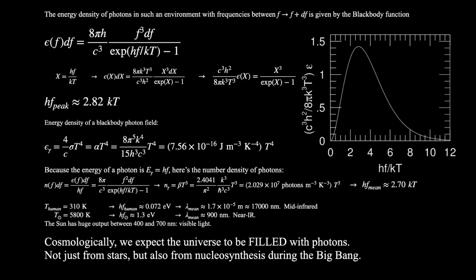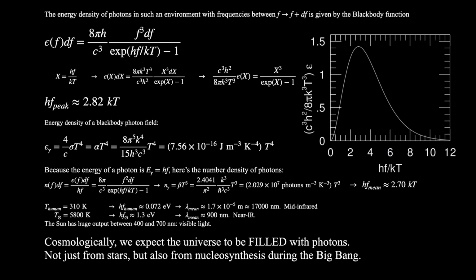This will end up, after integration, giving a total number density of photons that depends on the temperature cubed. And if you work out the value of that constant beta, it's about 2 times 10 to the 7th photons per cubic meter per degree of temperature cubed. So there's a lot of photons in there. The hotter it is, the more photons you can have per cubic meter. That's an important thing we're going to be getting to later because we're going to be talking about the cosmic microwave background density as well.